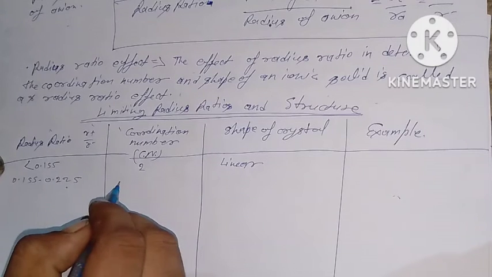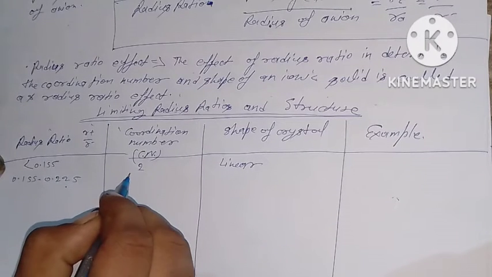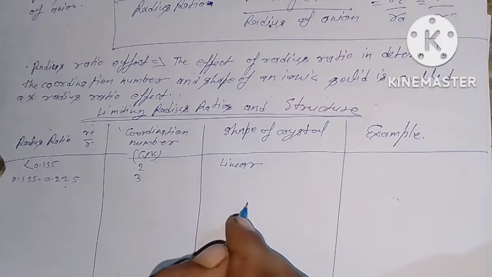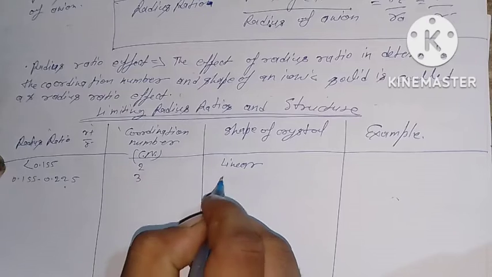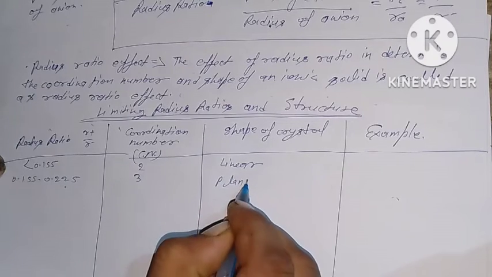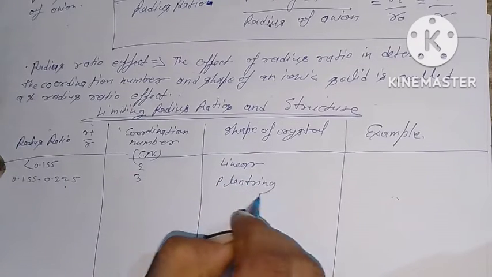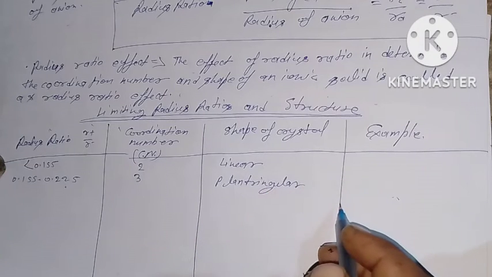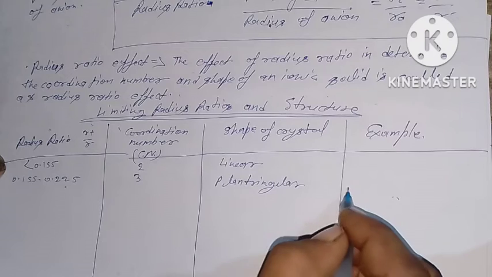Then coordination number 3, and shape of the crystal is plane triangular, and example boron oxide.